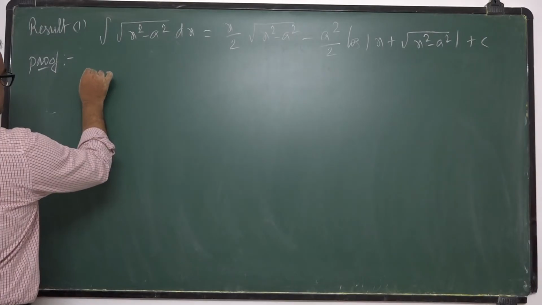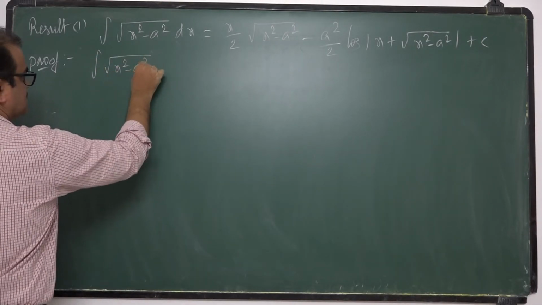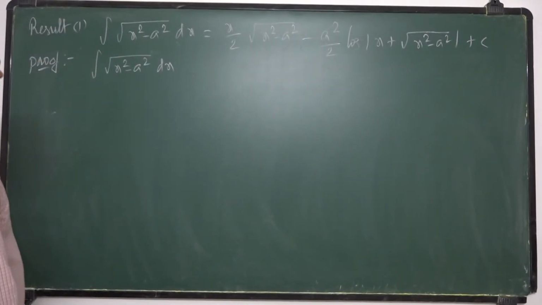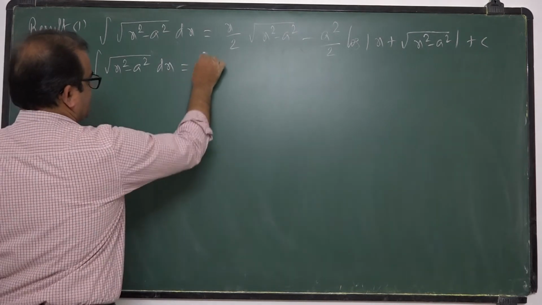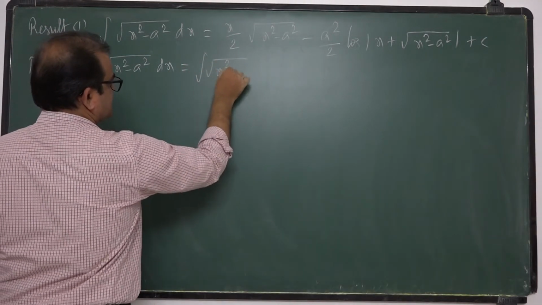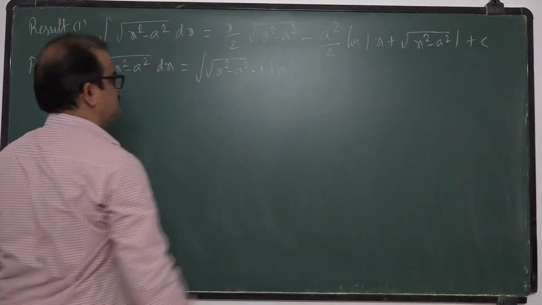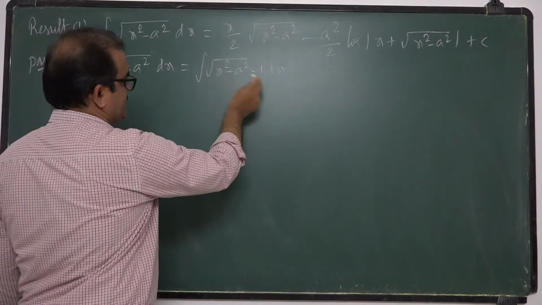What is LHS? Integral of root x square minus a square into dx. Now write it as integral of root x square minus a square into 1 into dx. Take second function as 1 and apply integration by parts.